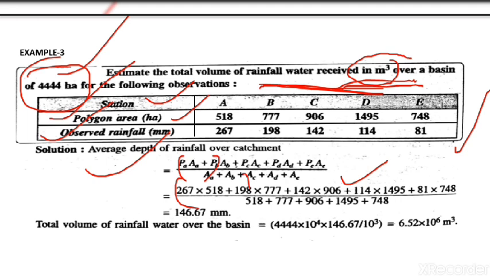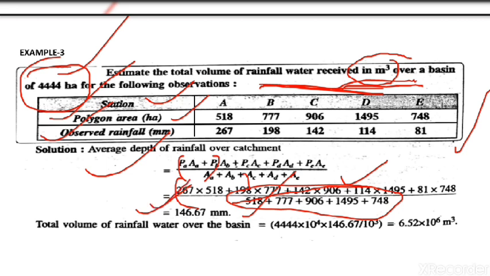Here I have used the notation A, B, C, D, E instead of 1, 2, 3, 4, 5 because the names of the stations are given in the form of A, B, C, D, E. So I have calculated all the values of area times corresponding rainfall divided by the total polygonal area, and my answer became 146.67 mm. Very easy example, same as the previous, and this type of question is frequently asked.